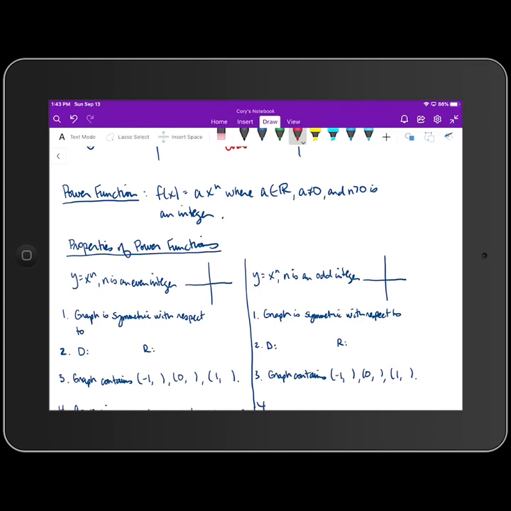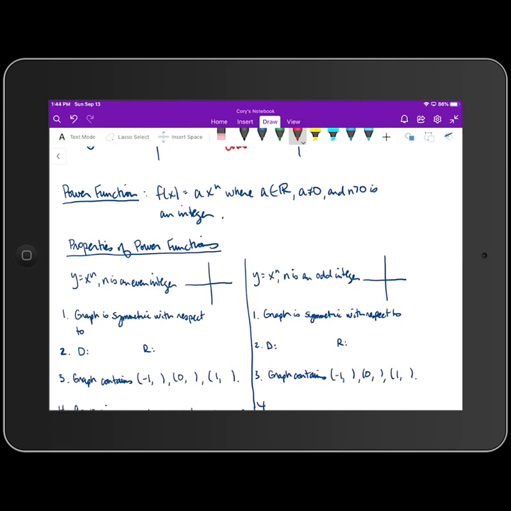So you can think of a power function as a polynomial function that only has one term. Again, a power function is a polynomial function that has only one term.